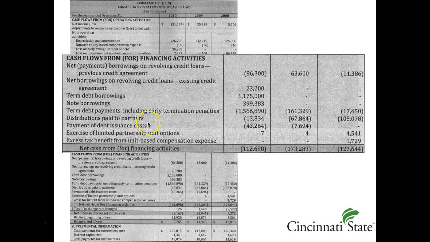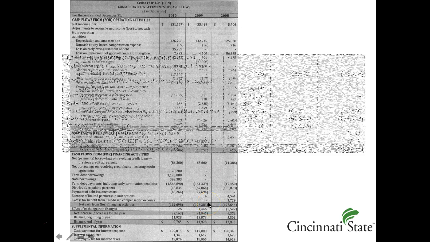The bottom line of net cash used for financing activities is $112,698,000. We don't have a benchmark to look for a positive or negative number like we did for the other two sections, but we will investigate and try to label each transaction as either favorable or not. At the bottom of the statement, we see net change in cash for the year.